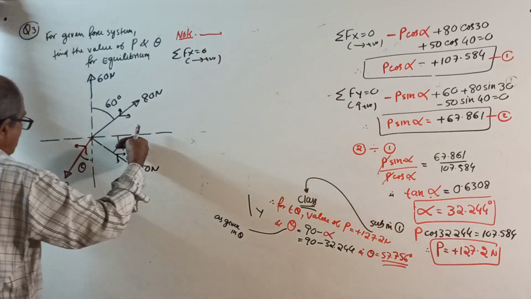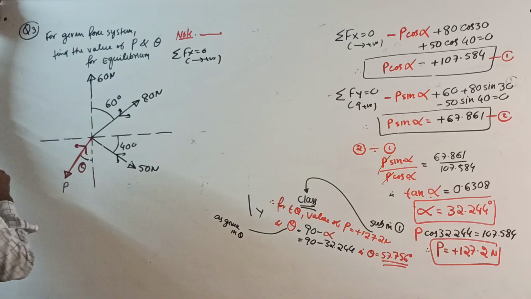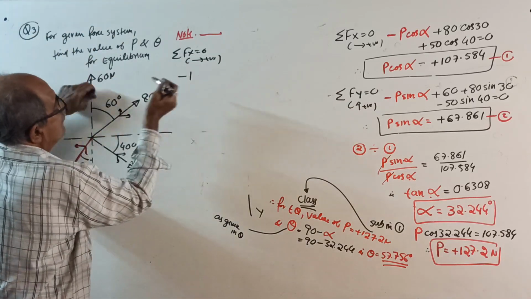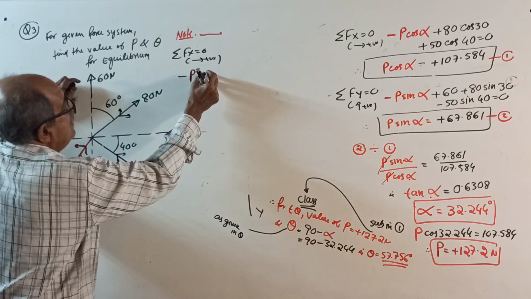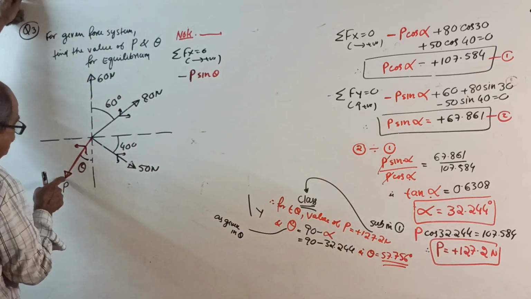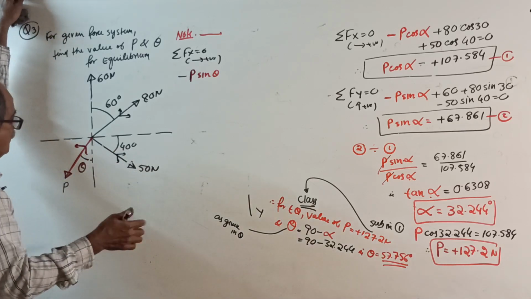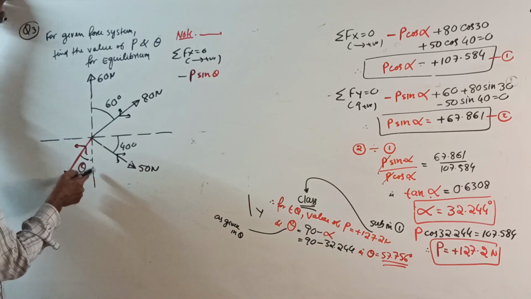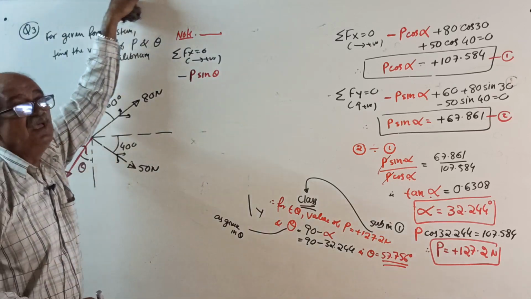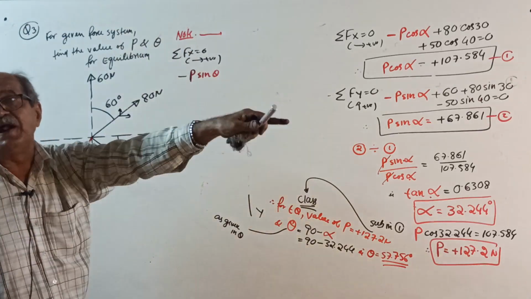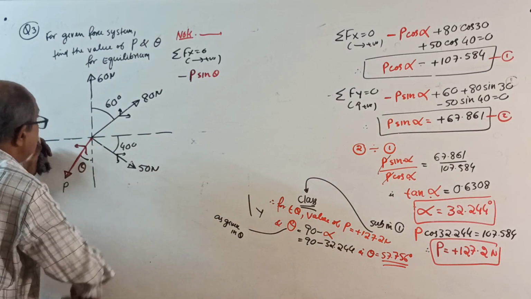Anything positive will do. Minus P sin theta. Why sin theta? Because this force's theta is measured with yy. So yy is cos, x is sin. Some students will say, no sir, we want that only. Okay. Minus P sin theta.